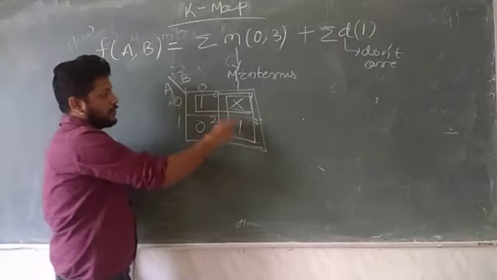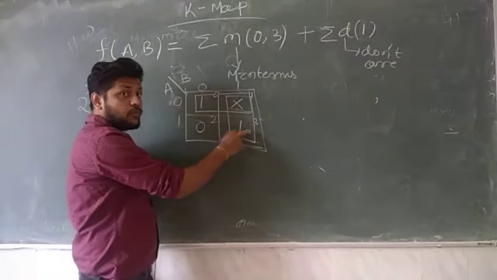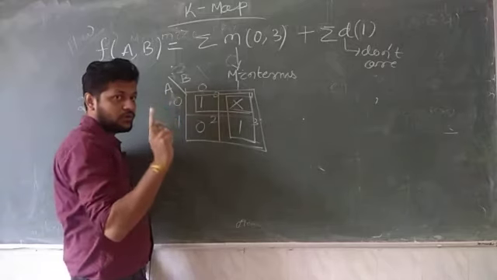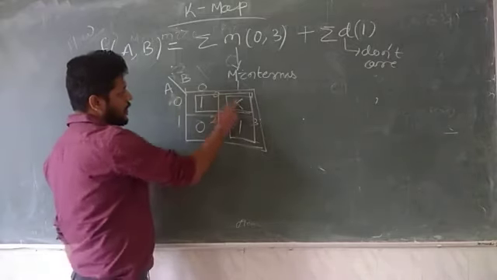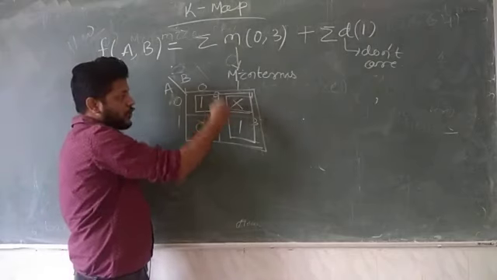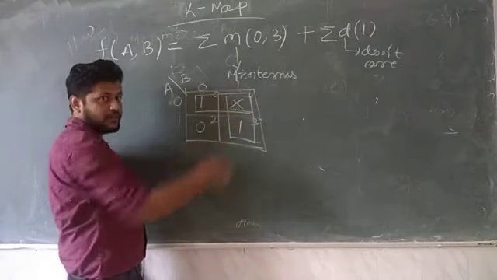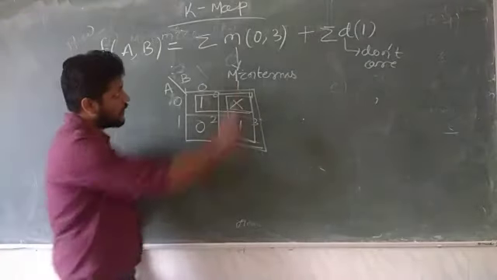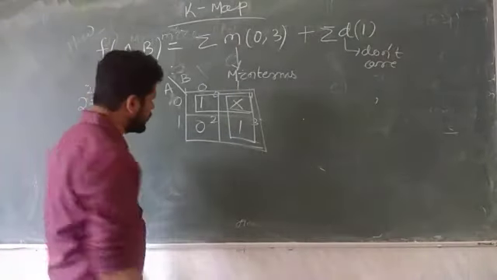Since we are combining with 1, that means this don't care is 1. So you need to take it as 1. That's why this combination is possible. If you take it as 0, then how can we combine this? We need to combine all the ones only, in case of sum of product or min terms.